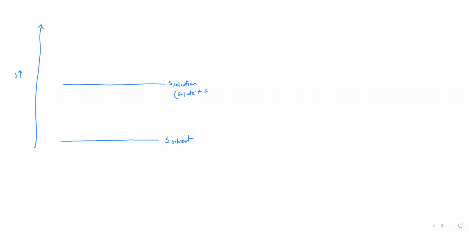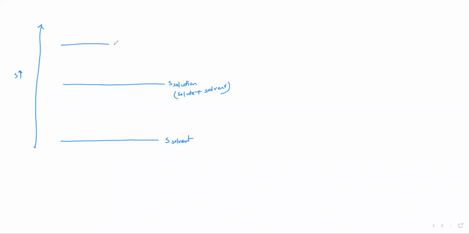You can prove this, TB greater than TB naught. How can you prove this one? With the help of entropy. Suppose you draw an entropy diagram, this one is the entropy. Now we all know that for pure solvent, entropy is less. Now for solution phase, entropy will be high because solute plus solvent are present.